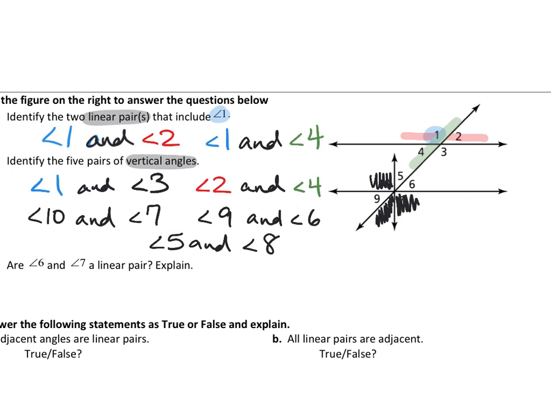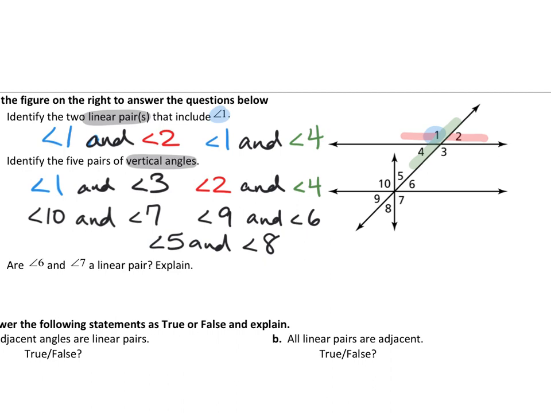Are 5 and 6 the same size as 9? No, and of course, I'm assuming that this was drawn to scale. We can't always assume that, but for learning, we can use that idea. 5 and 6 are complementary, actually, and 9 is not worth 90 degrees as well. It's not a right angle. So those are not vertical angles.